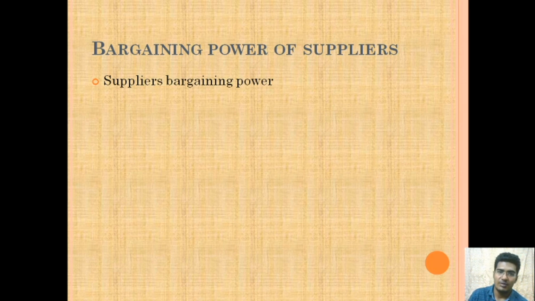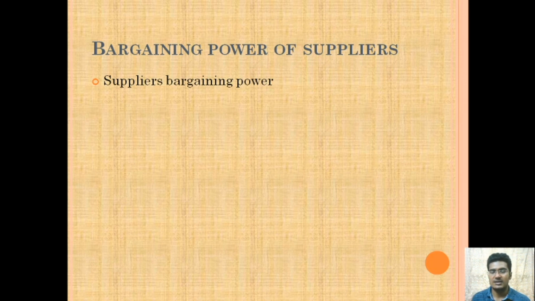Now the power moves to the suppliers because the entire factory depends on the raw material he supplies to the factory. Now he has the power and he can negotiate, he can increase the price, which directly increases the cost of production, and eventually increases the selling price. The supplier has the direct power to dominate the price.